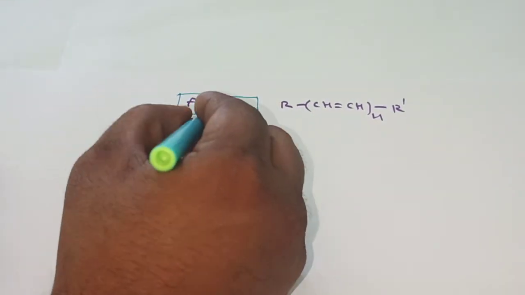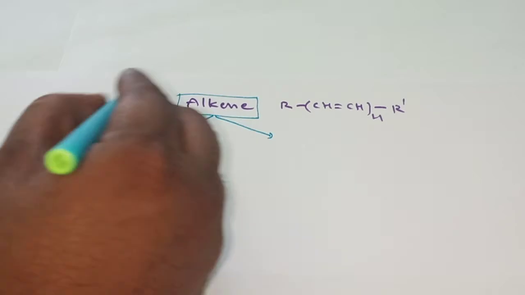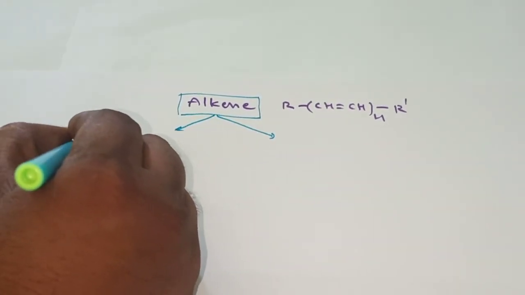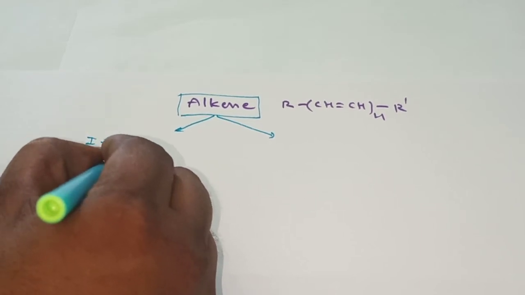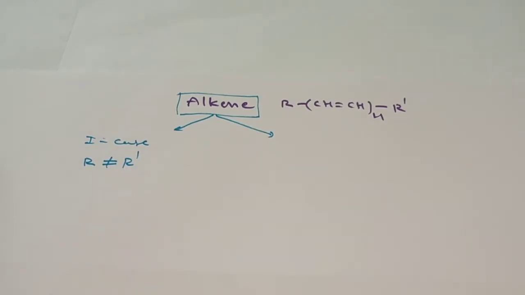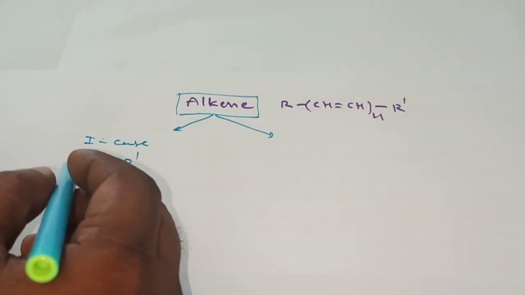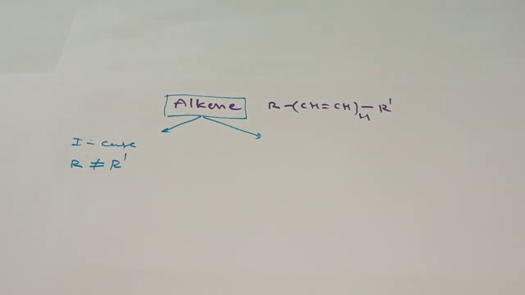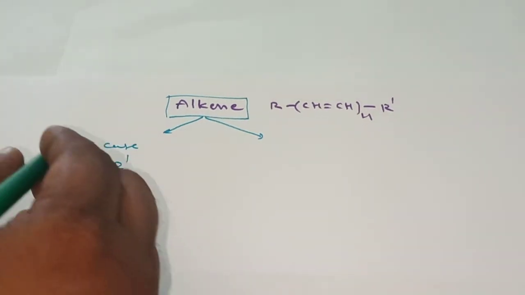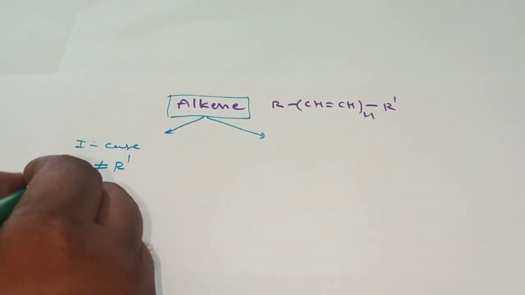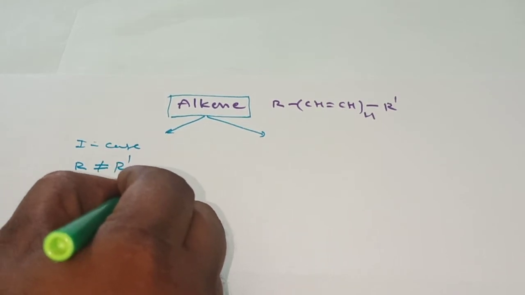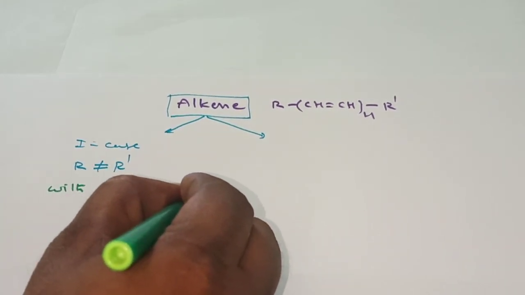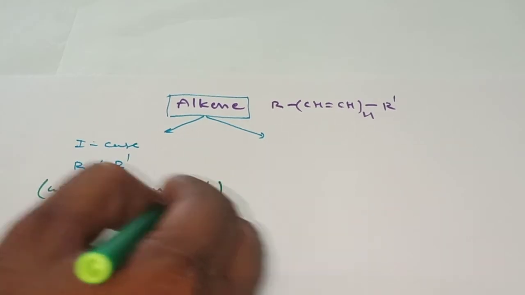The first case is that R is not equal to R prime. It means both the ends are different, that is, the alkene has different ends.